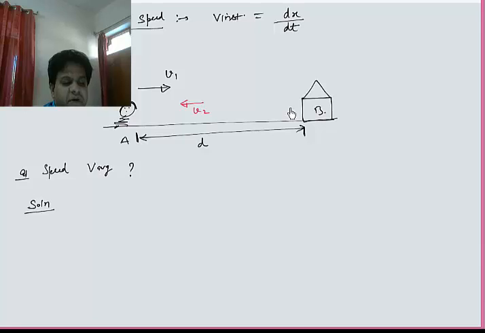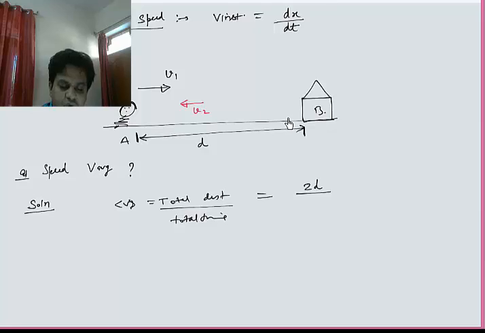Then the total distance covered by the person in the forward direction is D, and the distance covered in the backward direction is again D. We know that average speed is simply total distance covered by total time. So total distance is 2d, d going in forward direction and next d in coming back to the point A. And total time is combination of two times, time of upward journey and time of downward journey.